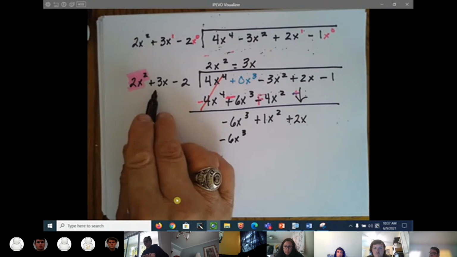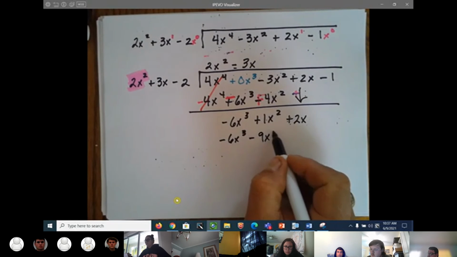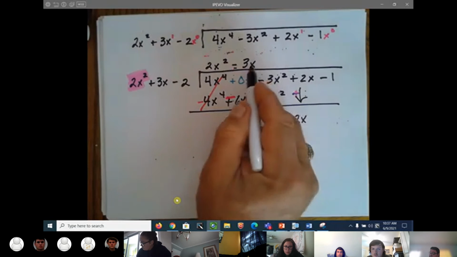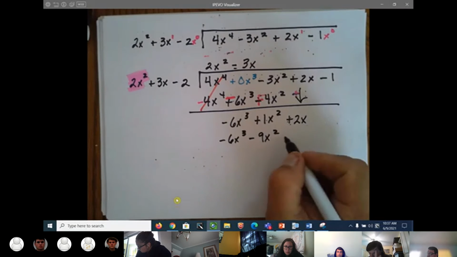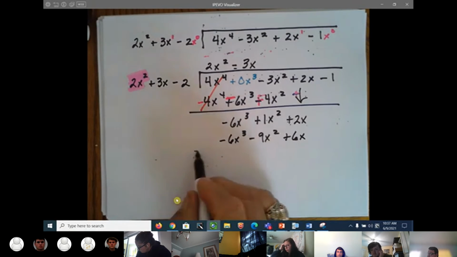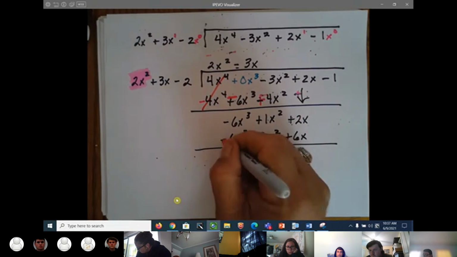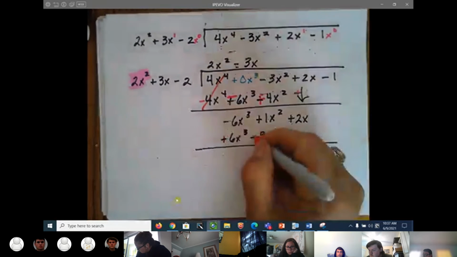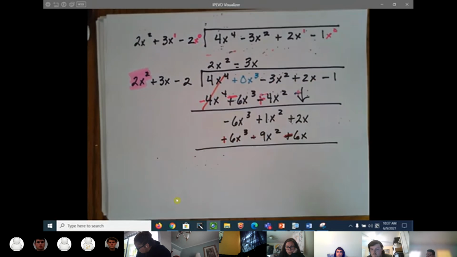Negative 3x times positive 3x is negative 9x squared. Negative 3x times negative 2 is positive 6x. You always subtract. That makes this a positive, makes this a positive, and makes this a negative.